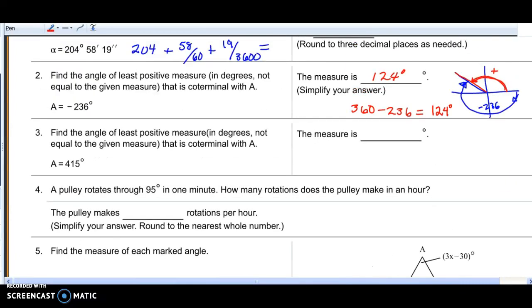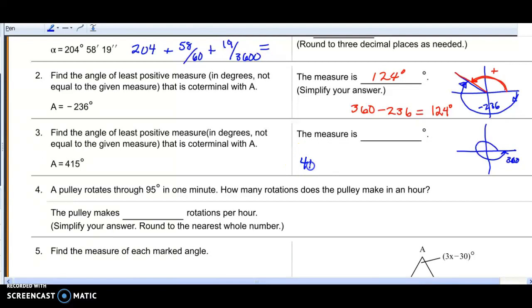Find the angle of least positive measure that's coterminal with A, and A is 415 degrees. So let's get an idea of where that is. So we're going in the positive direction. Well, I know this amount is 360. So it's obviously past 360. How much is it past 360?